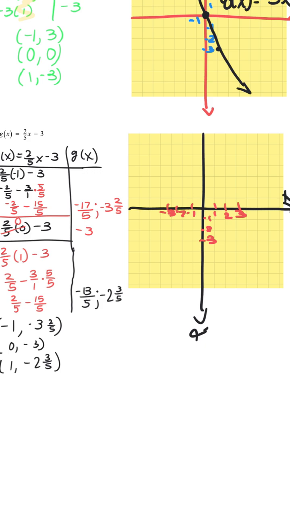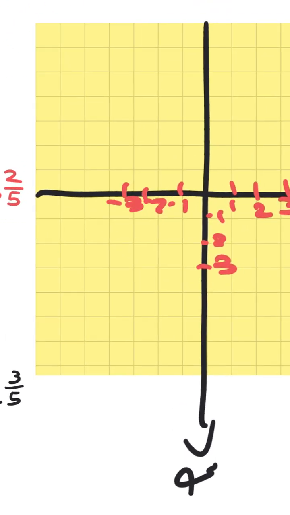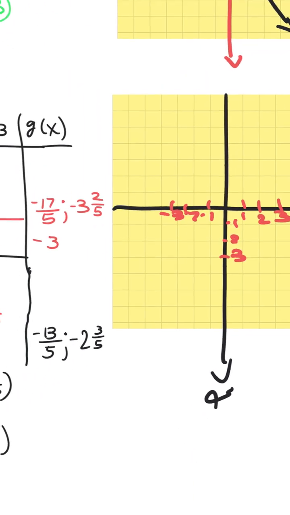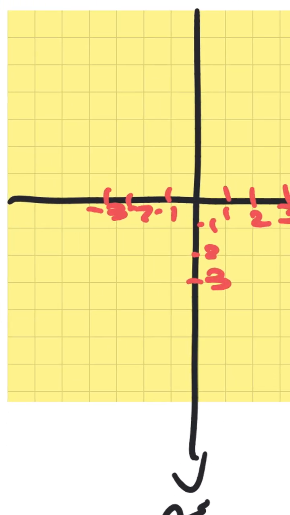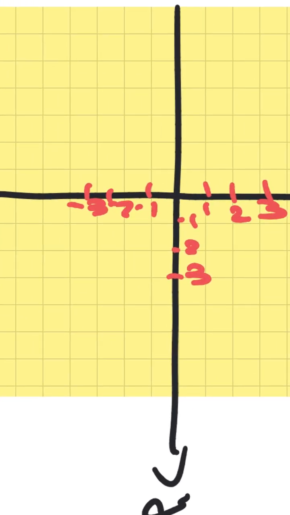First one's negative 1, which we know that negative 1 is over here. Negative 1 with negative 3/5. So that means that graphing it, this is my negative 1 over here, and my negative 3/5 is going to be after the 3, so somewhere around here, correct?